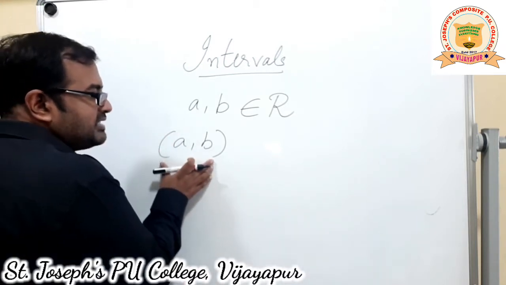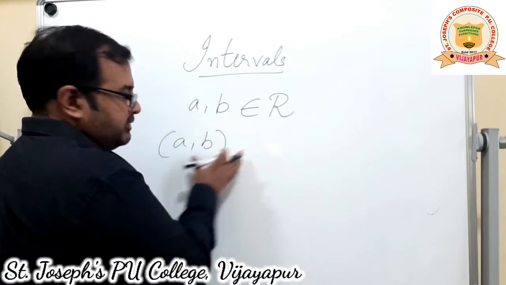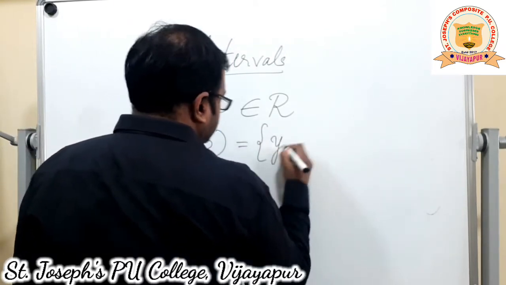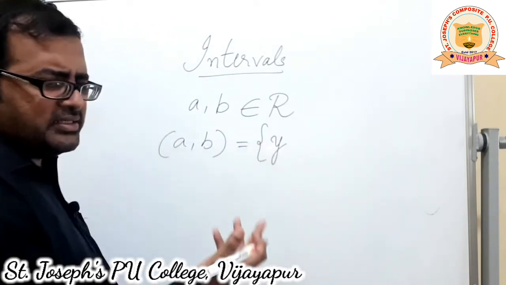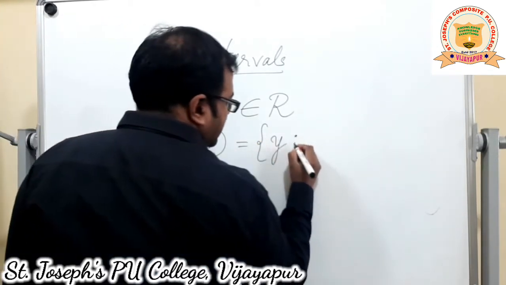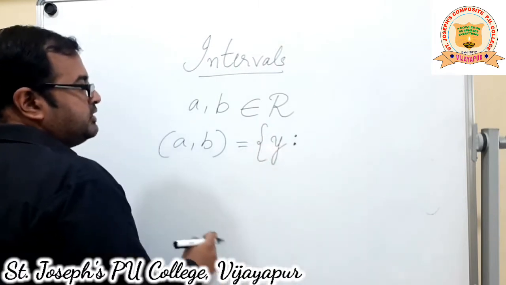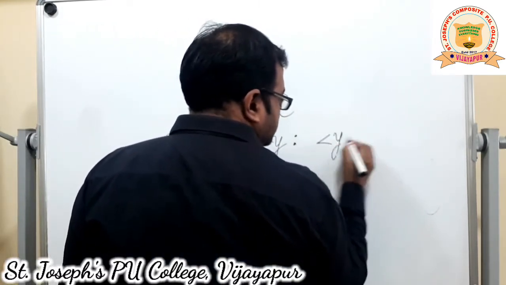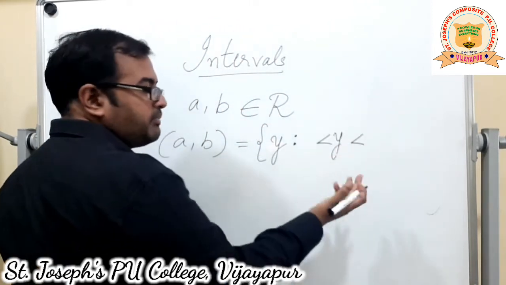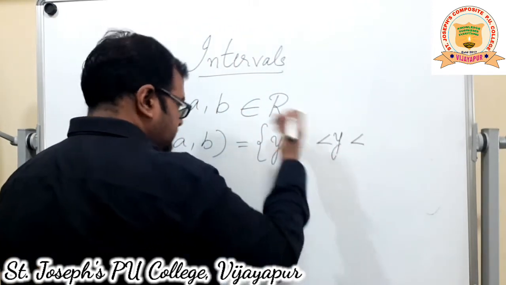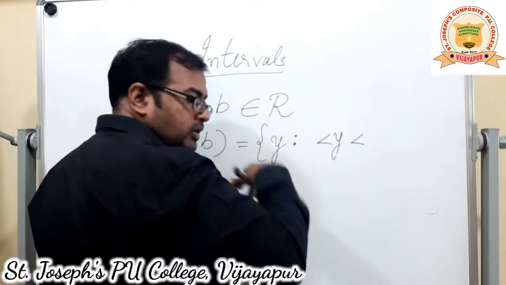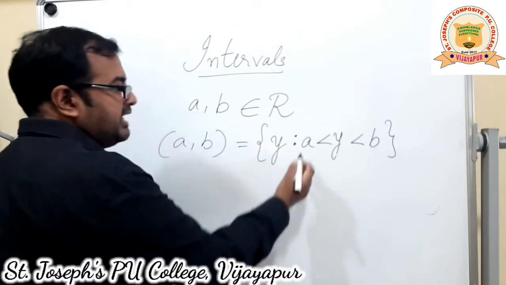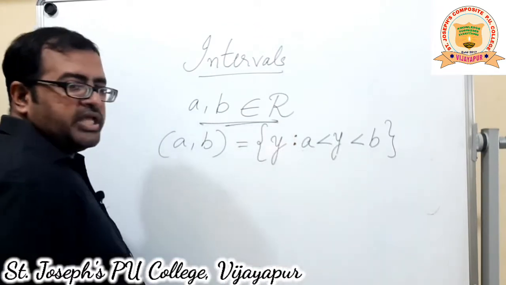This is a subset of R. We define this as all those points, I could take X or Y, anything, such that Y lies between A and B. It is bounded on the lower side by A and on the upper side by B, where A and B both are from real numbers.